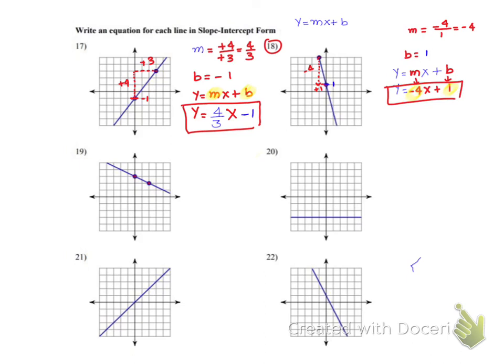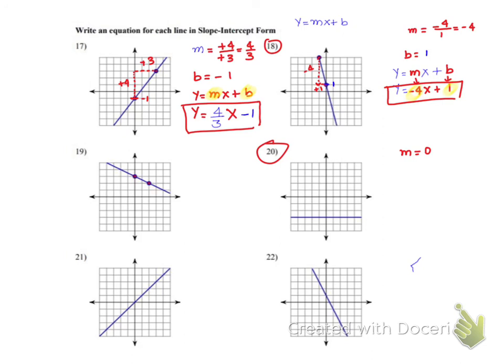Question number 20, I will explain this one. When you look at it, it's a horizontal line. I already told you the slope of a horizontal line is 0, because rise over run: there is no rise, and 0 over something is 0.